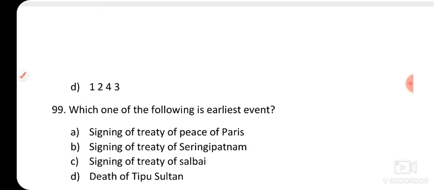First they defeated the French, then they defeated the local rulers. If we apply this logic, we can easily reach the answer, that is option A, signing of Treaty of Peace of Paris. After the Peace of Paris, the British defeated Bengal. Then they came to the southern part and defeated Tipu Sultan, Hyder Ali and the Marathas. So according to that, option A is the correct answer.